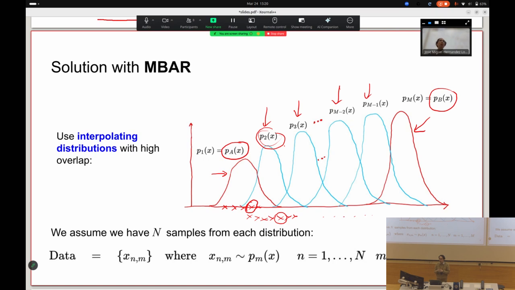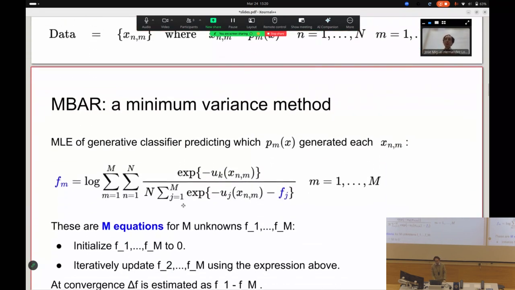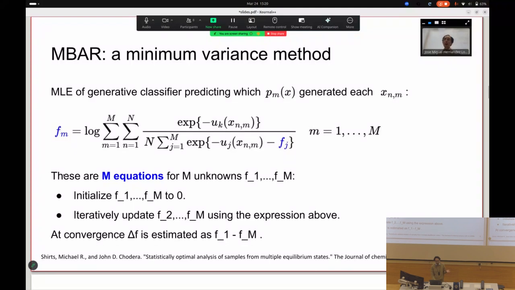Okay? And if you solve the maximum likelihood solution for that problem, that's the M-bar. Okay? The M-bar equations, there are some update equations here. They look very complicated. The way it works is that you initialize your log normalizers to some values.